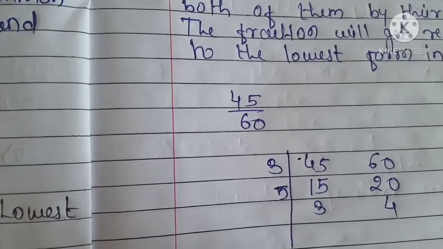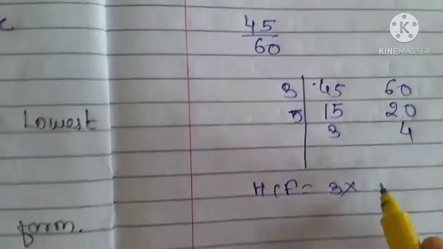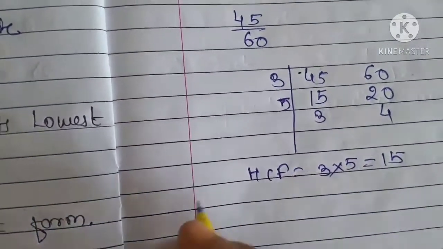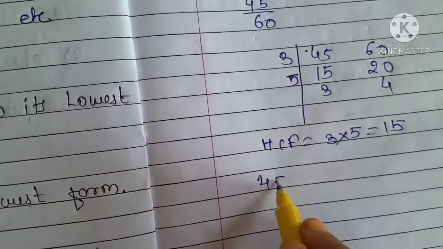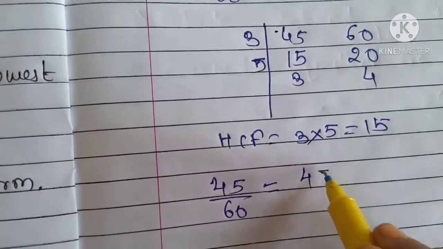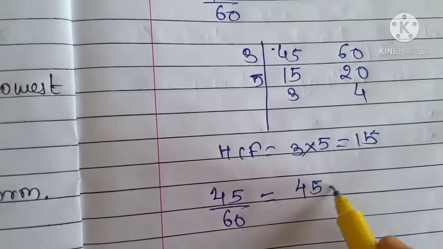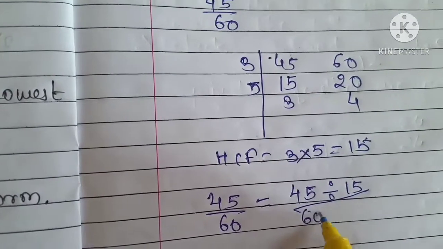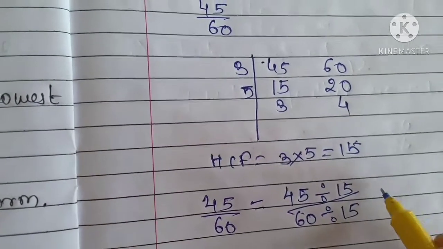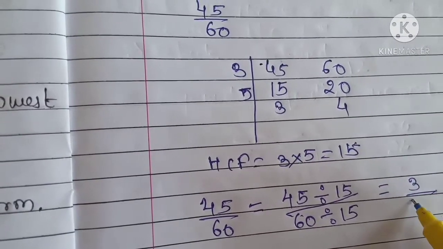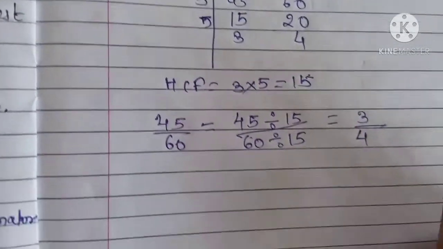Therefore the HCF is 3 into 5, which is equal to 15. So the given fraction is 45 by 60. After this we have to divide both by the HCF. Here 45 divided by 15, and again 60 divided by 15. 15 3s are 45, 15 4s are 60. So the answer is 3 by 4.